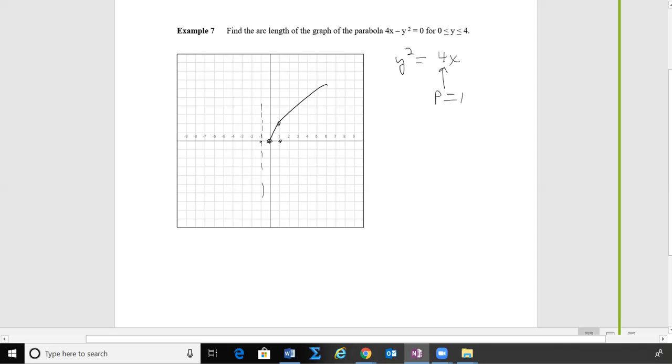It's going to look like that, and down like that. And you want the arc length, 1, 2, 3, 4. So I guess it's 4 for the x also. So maybe I come over a little bit more like that. Okay, so that's what you want right there.